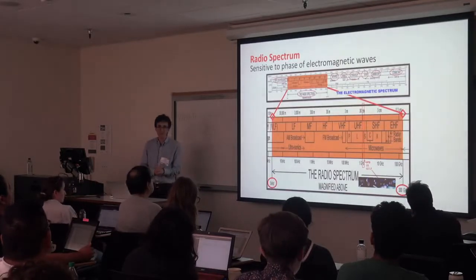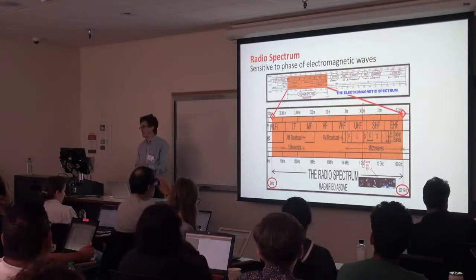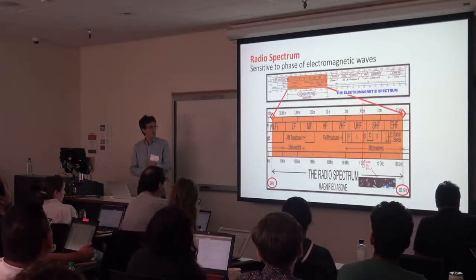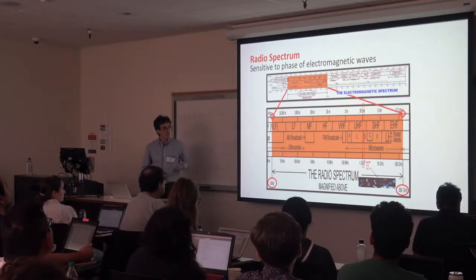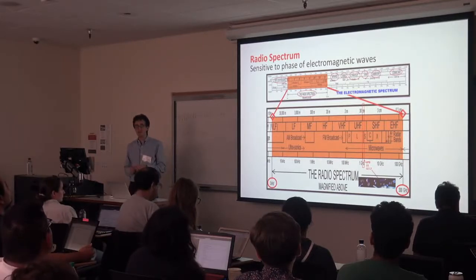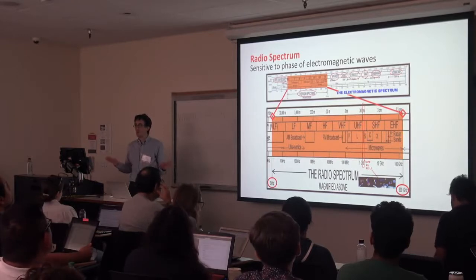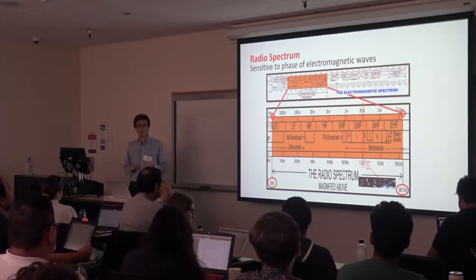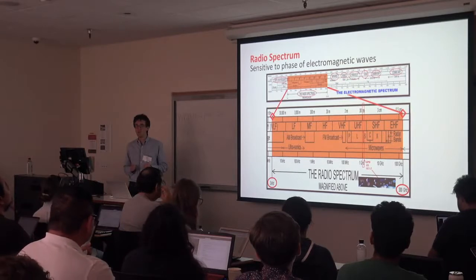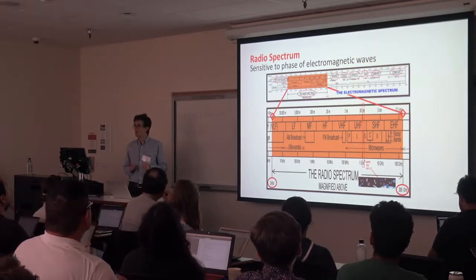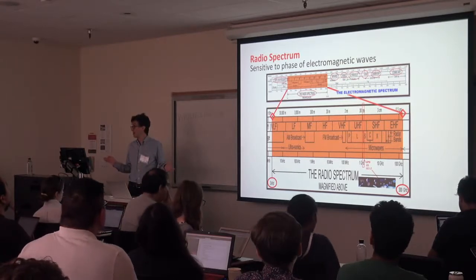So if you've taken an astronomy course, you've probably seen a plot like this with the radio spectrum, and you probably saw all these different little breakups of the radio spectrum. There's radio, there's microwaves, there's all these different things. From the point of view of somebody working in this field 30 years ago, maybe those mattered. But from the point of view of people now, they don't matter at all.